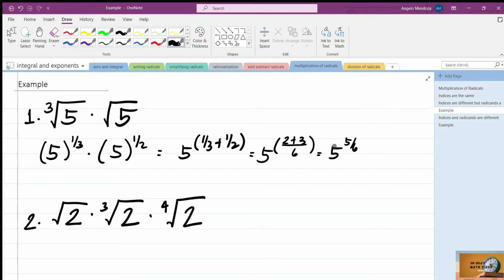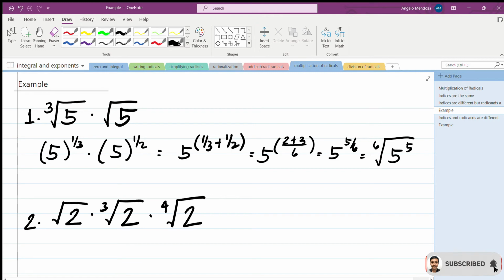So this is now one single radical. Then we can rewrite it back as a radical. So that becomes the 6th root of 5 raised to the 5th power. So we're going to raise 5 five times, so that is 3,125.